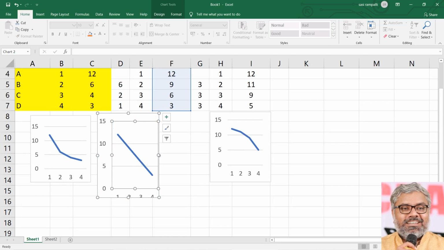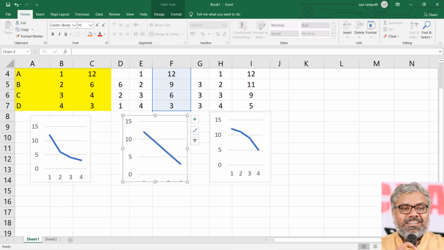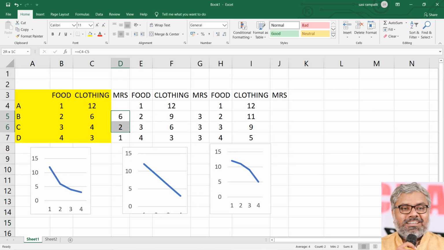When the marginal rate of substitution is constant, then automatically the indifference curve is going to be a straight line. When the marginal rate of substitution is diminishing, then the indifference curve is going to be convex to the origin. That is the second scenario.